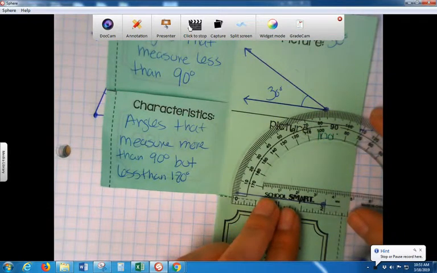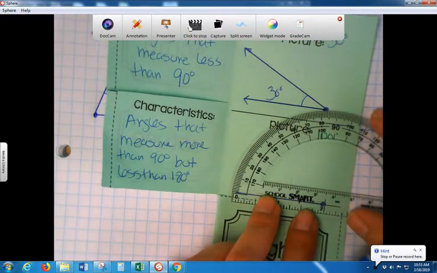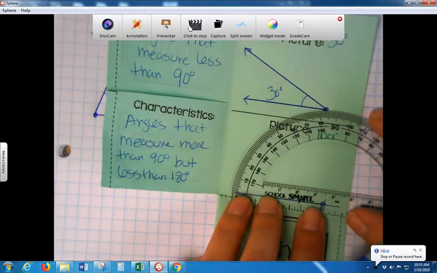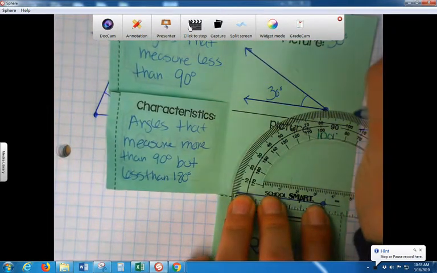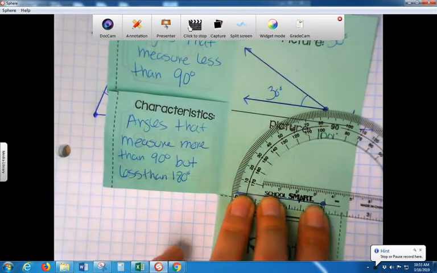Uh-oh, mine's going to be off. 100 degrees. Ooh. Oh, no. Mine's barely on the paper. 100 degrees, barely on the paper.